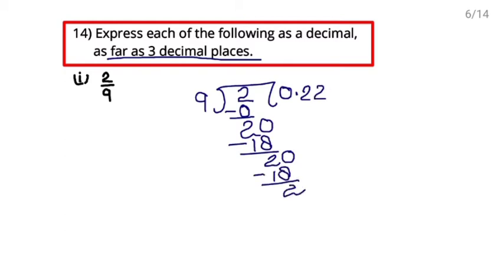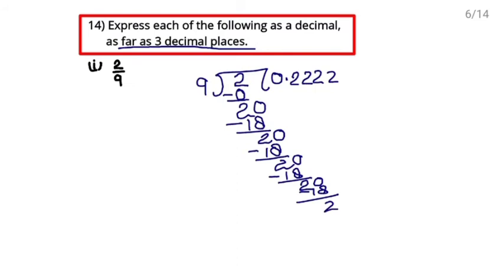Subtract 2. You can take 0 as bonus. 9 twos are 18. Subtract 2. Again you can take 0 as bonus. 9 twos are 18. Right? Subtract 2 and it will go on up to infinity.